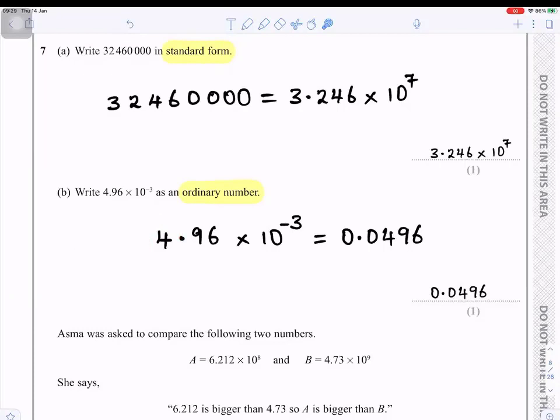So it's 0.0496. Let me count it again. 1, 2, 3. Put the decimal point there and you put a 0 under the arches. So it is 0.00496.